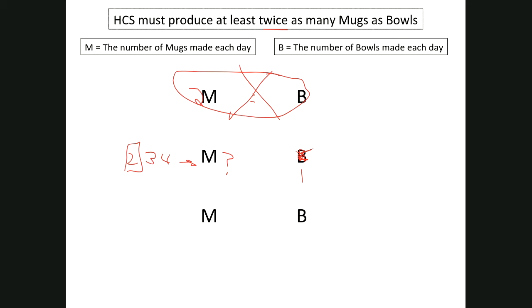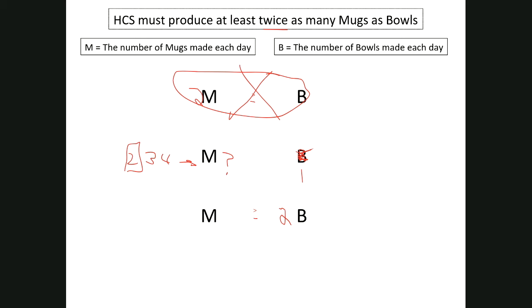We already know that this relationship has to be that the number of mugs has to be greater than or equal to the number of bowls. But the 2 actually goes in front of the number of bowls.